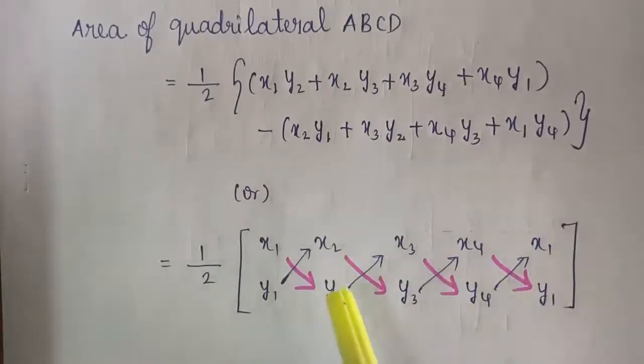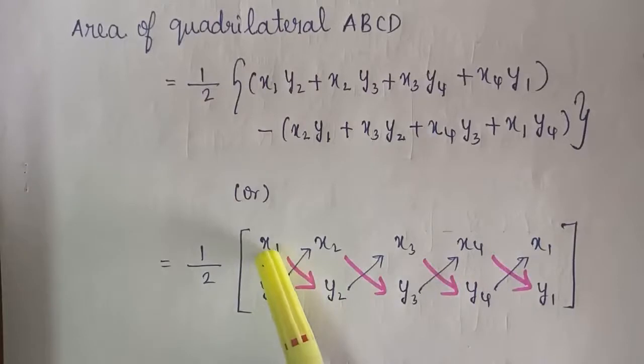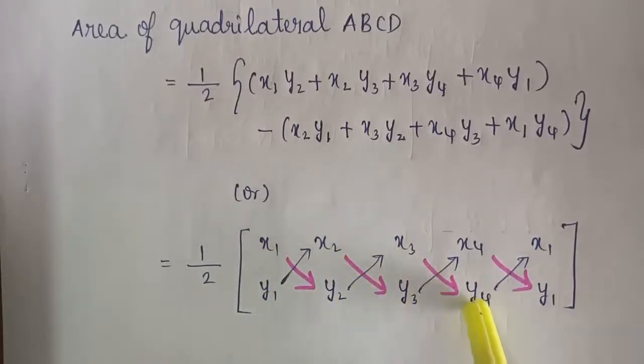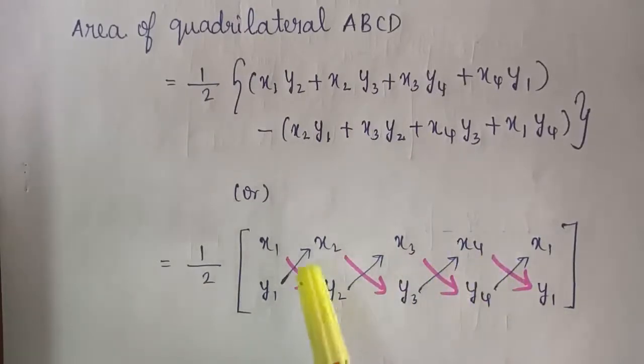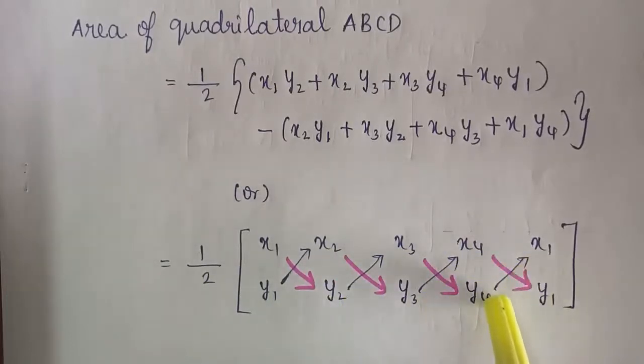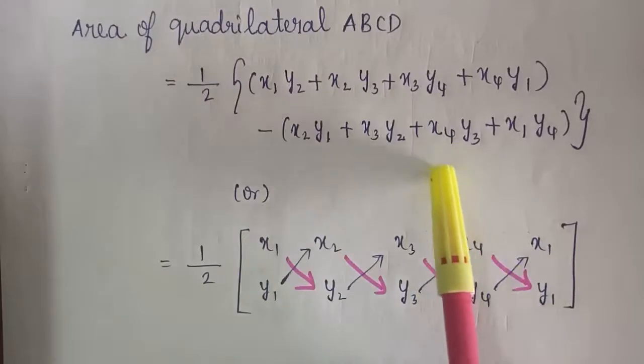Then as usual you multiply x1 y2, x2 y3, x3 y4, x4 y1 minus x2 y1, x3 y2, x4 y3, x1 y4, which means you get the same formula.